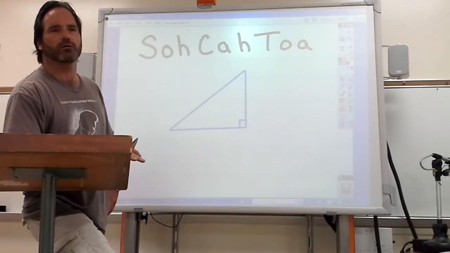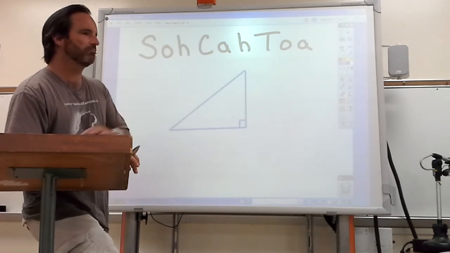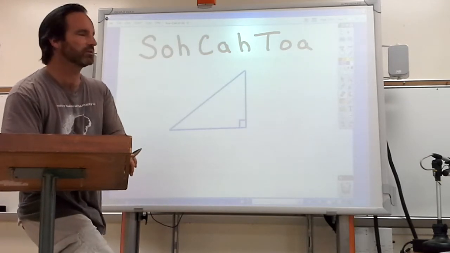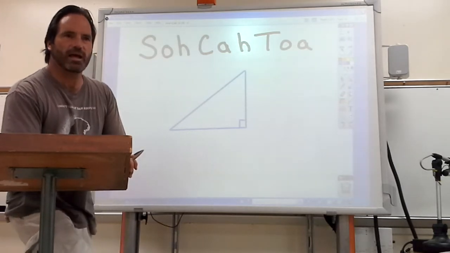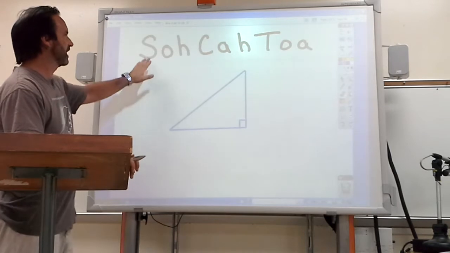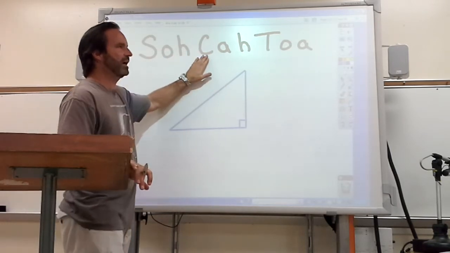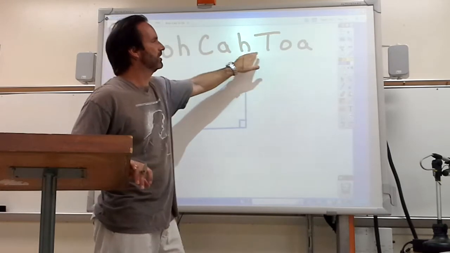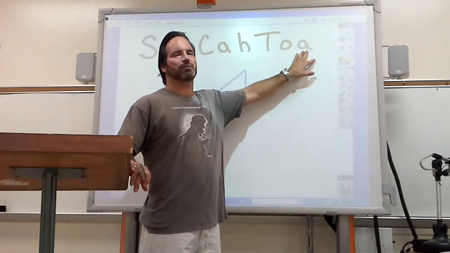Let's do our little bit of trig review. In geometry days, or we'll be doing a lot of this in pre-calculus. Remember our term SOHCAHTOA. It's an acronym for what? The sine, opposite, hypotenuse, cosine, adjacent, hypotenuse, tangent, opposite, adjacent.